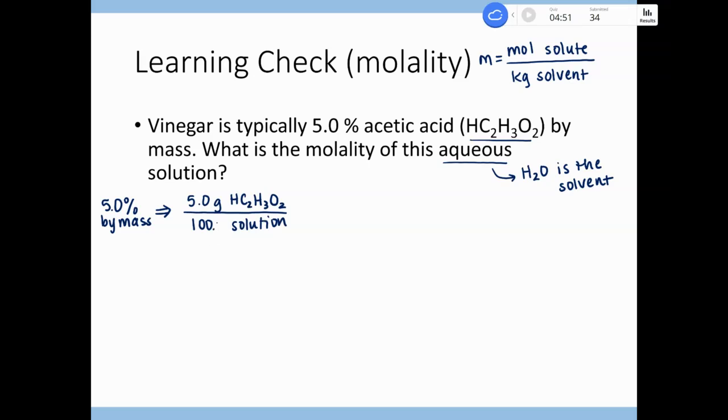Let's use the same digit, 100.0 grams. So you could pick any value here that results in a 5% ratio. So 5 divided by 100, that will give us 0.05 or 5%. You could do 2.5 grams of acetic acid and 50 grams of solution. That will also give you a 5%.